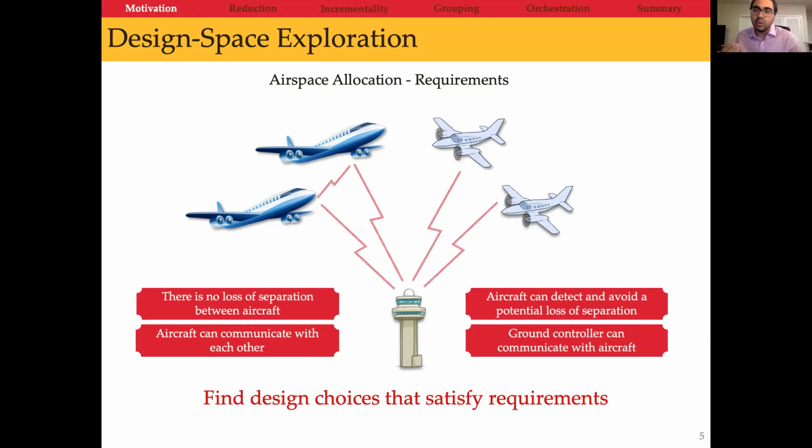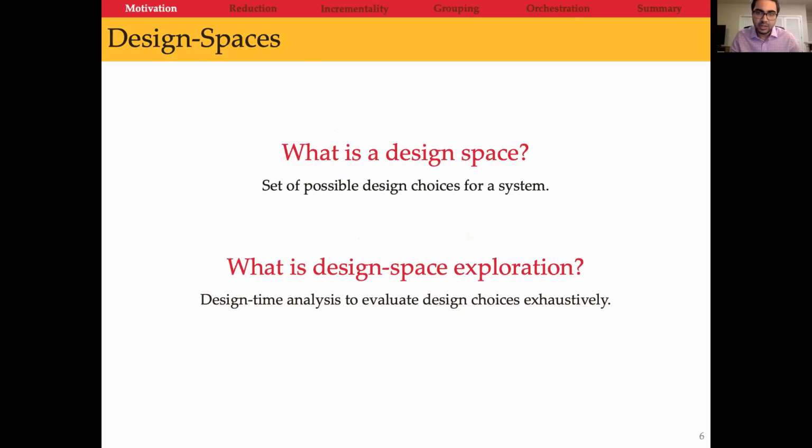It is the goal of the system designer to find all combinations of design choices that satisfy each of these design requirements. So design space exploration is a design time analysis technique to evaluate all the possible design choices exhaustively and make sure that every design choice meets certain specifications.